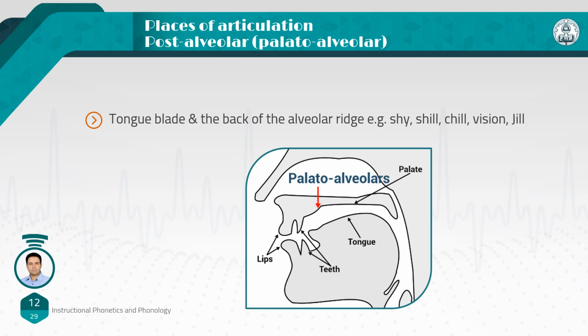For example, s we call alveolar, but sh, because it is made farther back in the mouth, we call post-alveolar. In fact, you should be able to pronounce them with the tip or blade of your tongue. Again, it depends on you, but most people use the tongue blade and back of the alveolar ridge.